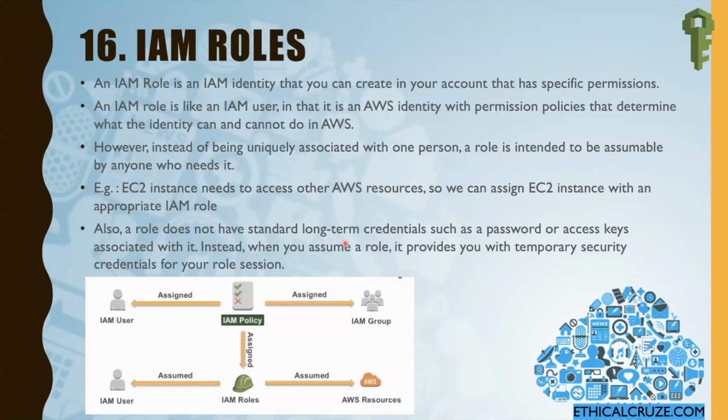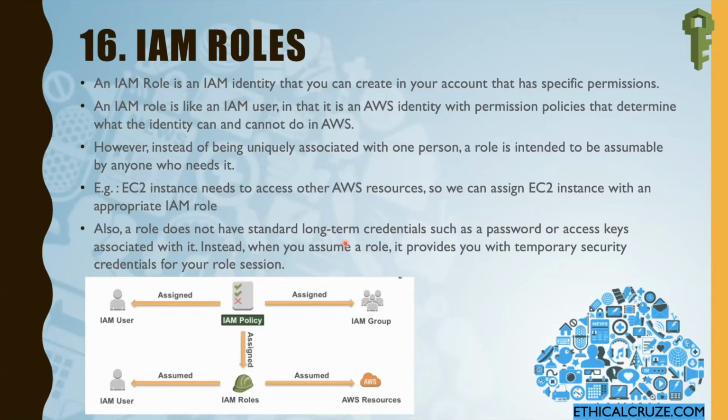Moving ahead, next is IAM roles. Okay, so an IAM role is just like an IAM identity that you can create in your account that has some specific permissions. You already know what an IAM user is and what IAM groups are. An IAM group contains different IAM users, and an IAM user can be part of a group or can be an individual user.